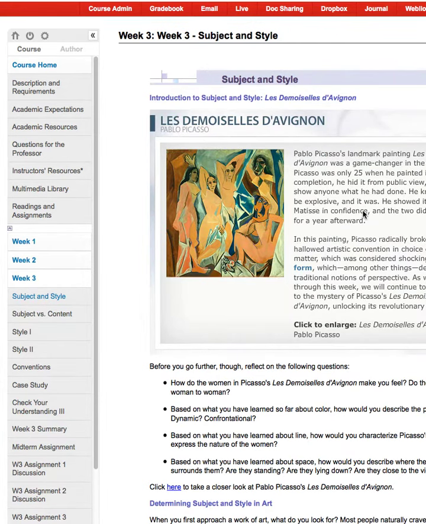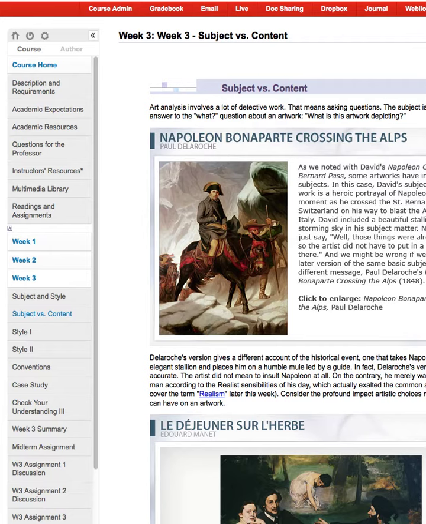Now, if you want more information, you go to the second reading. It's going to talk to you a little bit more about content versus subject. Now, I said a minute ago that subject was kind of the content, and it is. But the point they're making here is that sometimes it's not the whole picture. Look at this piece, if you would, just a minute, and let me take you back to the one we just left.